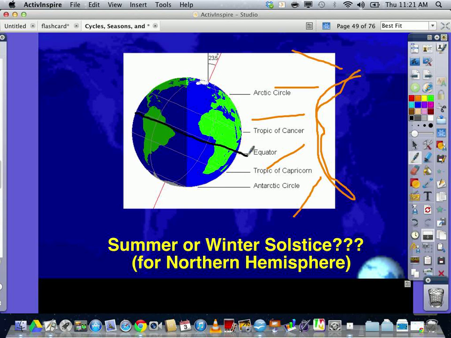Here's our equator. Northern hemisphere, is it tilted away or towards? Here it's tilted towards the sun. So summer solstice. Remember, we're looking at northern hemisphere, tilted towards, so it's summer solstice.